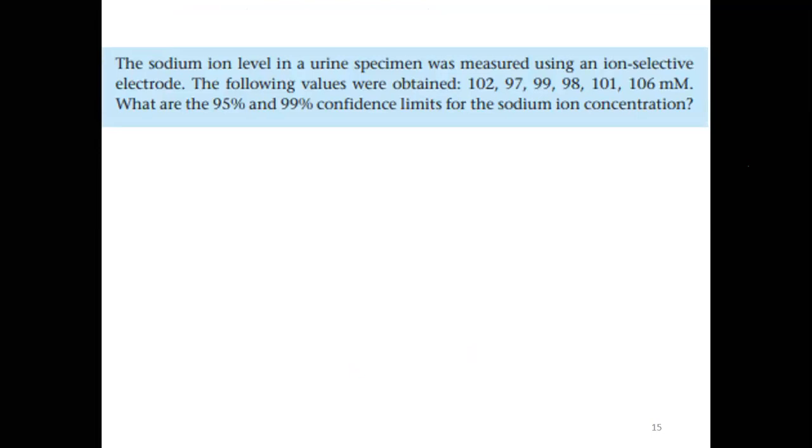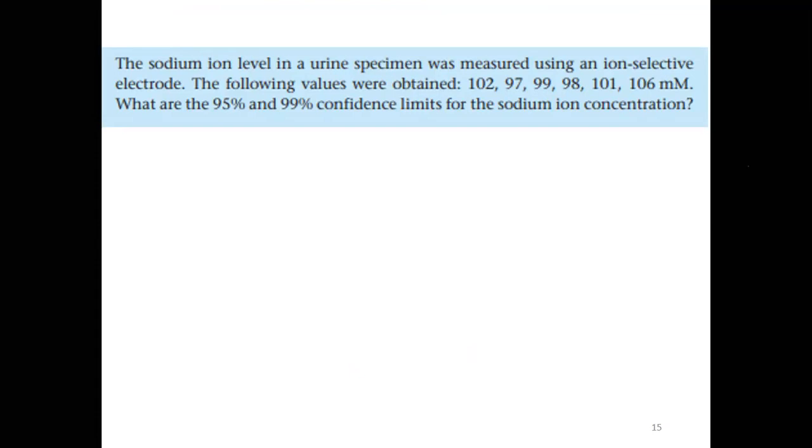Okay, let's try this example. The question says, the sodium ion level in a urine specimen was measured using an ion selective electrode. The following values were obtained. What are the 95% and 99% confidence limits for the sodium ion concentration?